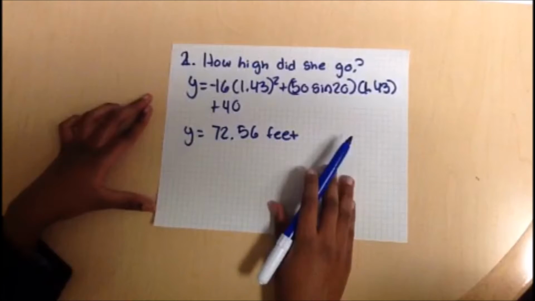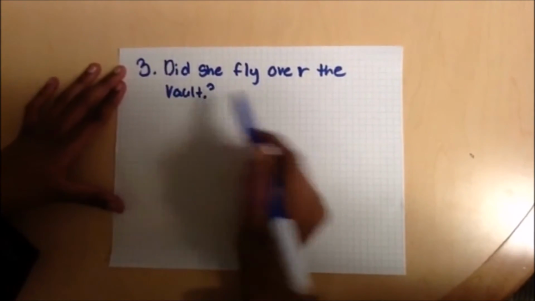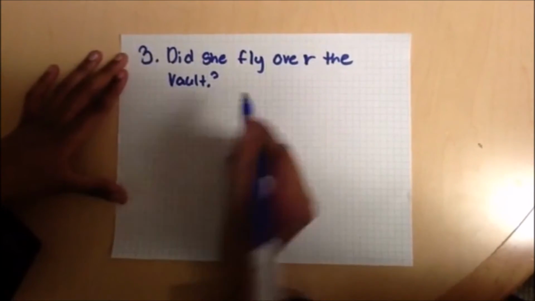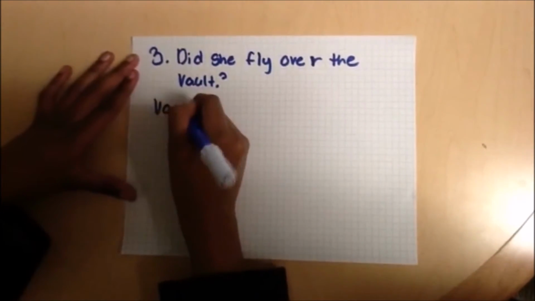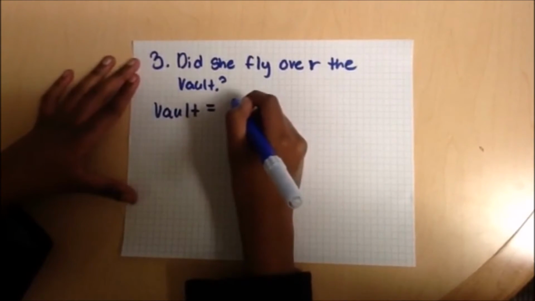So our last question asks, did she fly over the vault? Let's recall from our problem, it stated that the vault was 60 feet high.